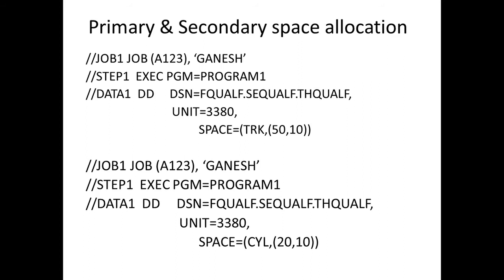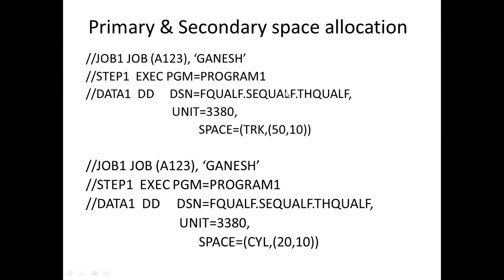So next one is primary and secondary space allocation example. Here for the data set we are requesting in the form of track 50 primary quantity and 10 secondary quantity. So if the 50 is exhausted, again it will make use of these 10 tracks that are allocated.